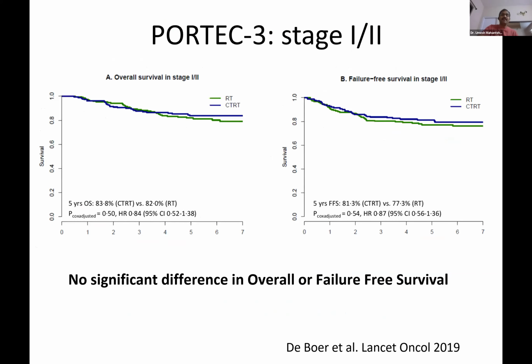When they did a subset analysis, which was, I think, planned, what they showed was that for stage 1 and 2, there was no significant improvement in both overall survival and failure-free survival. And you can see very well these Kaplan-Meier curves, which are more or less hugging each other with p-value not significant.